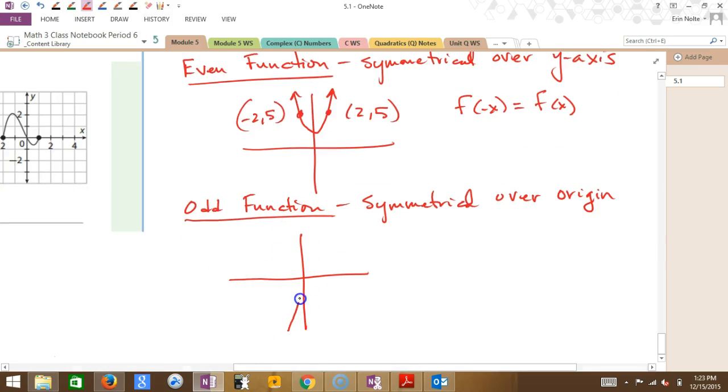So something that was like this. Okay, so if this was a point, let's just use 2, 5 again. What would this point down here have to be? -2, -5. So the idea is that the x and the y are just exactly opposite. See how if you turn this function exactly upside down, it would look exactly the same?